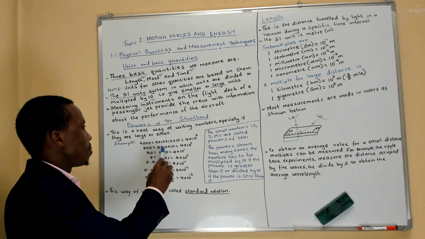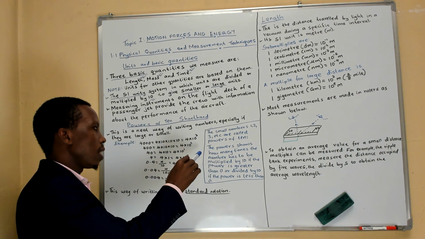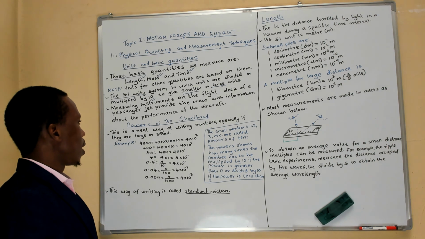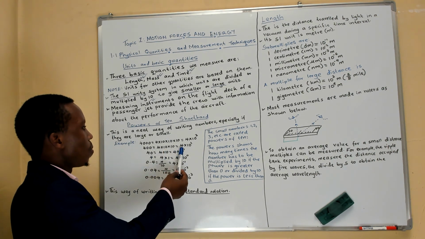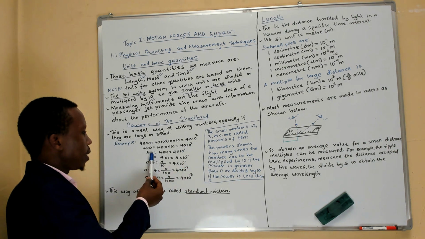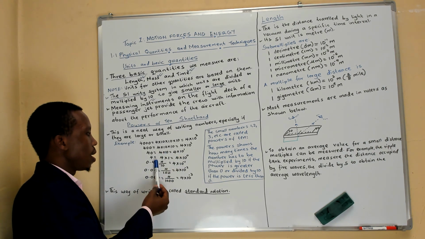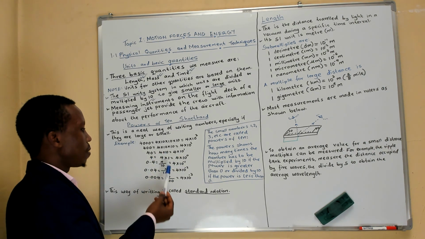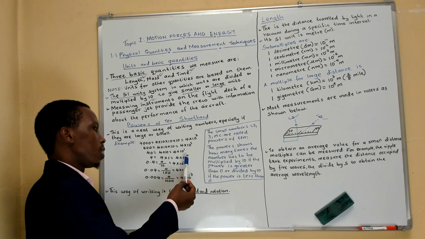Now 4,000 can be rewritten in standard form as 4 times 10 power 3. 400 can be written as 4 times 10 power 2. 40 can be written as 4 times 10 power 1. Then 4 can be written as 4 times 10 power 0.